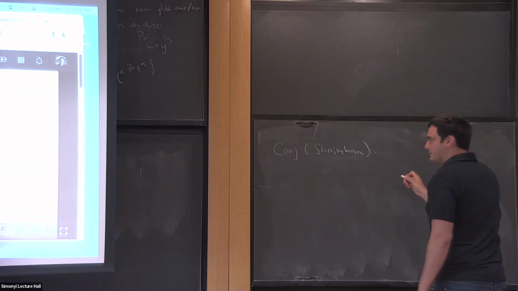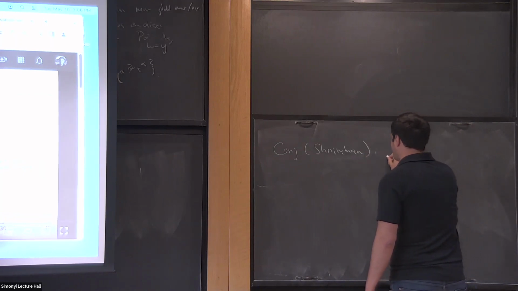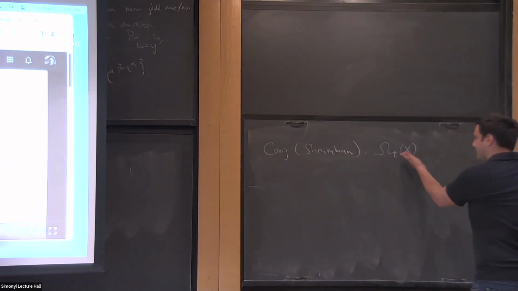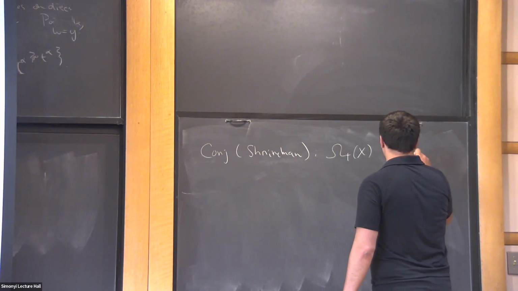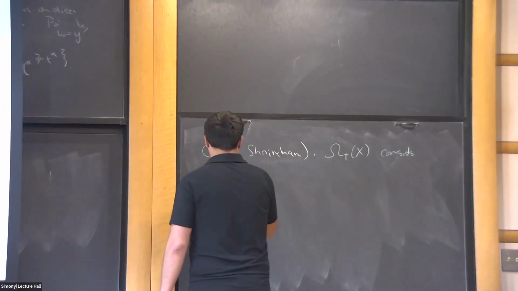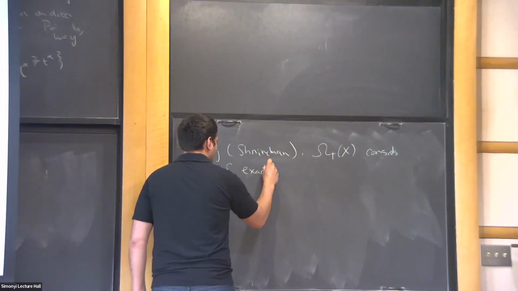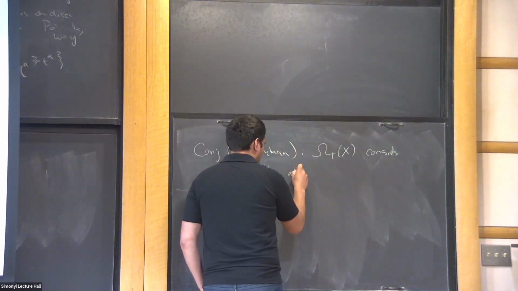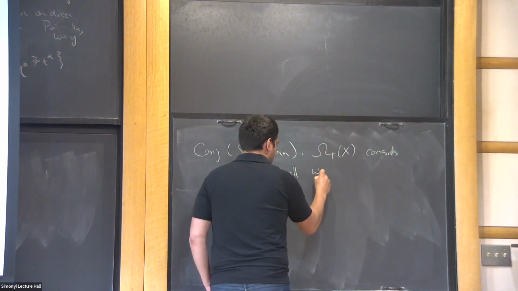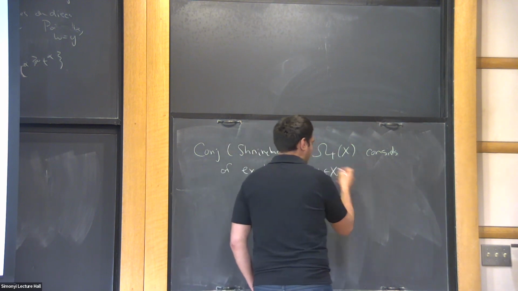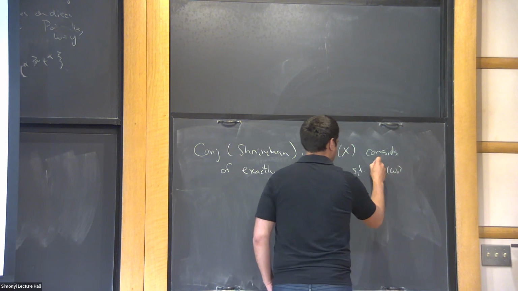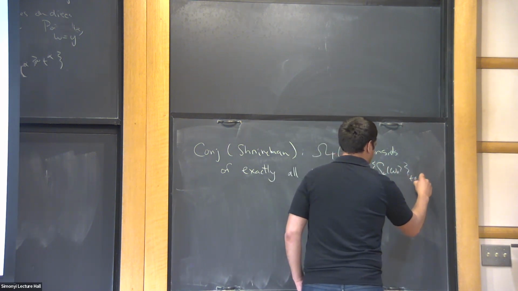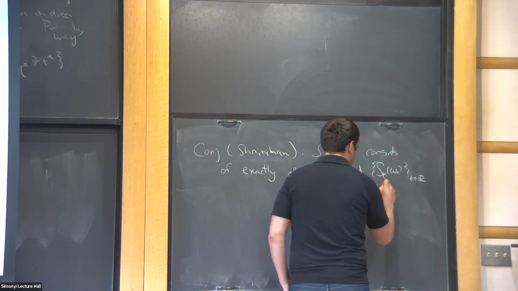In the language that we discuss in this talk, the conjecture is that the omega limit set of the unit ball in L infinity consists of exactly all omega 0 in that ball such that the solution starting from omega 0 for all time is pre-compact in L2.